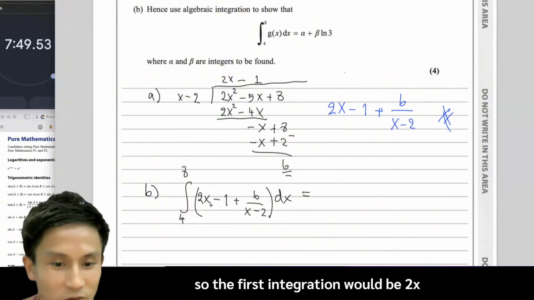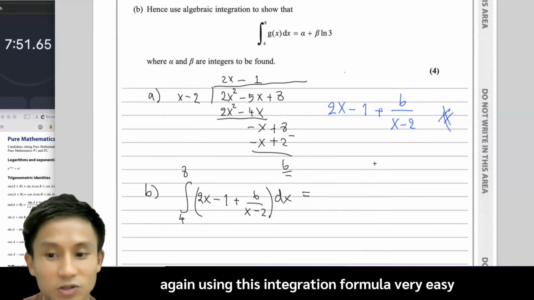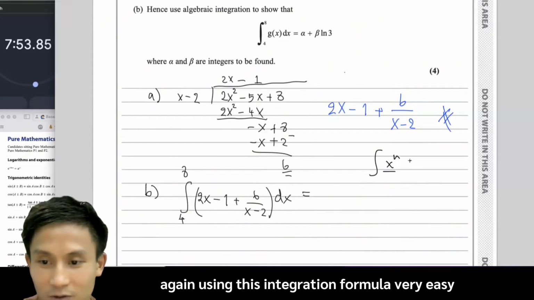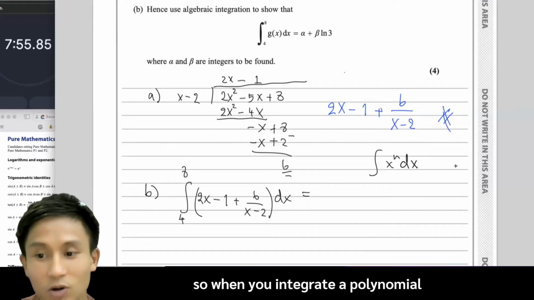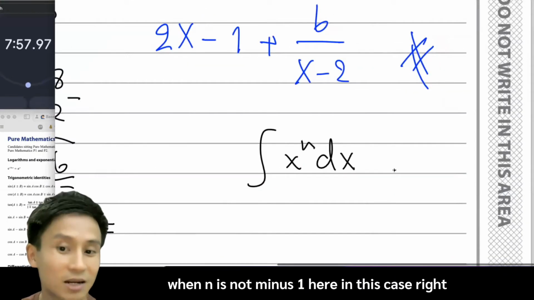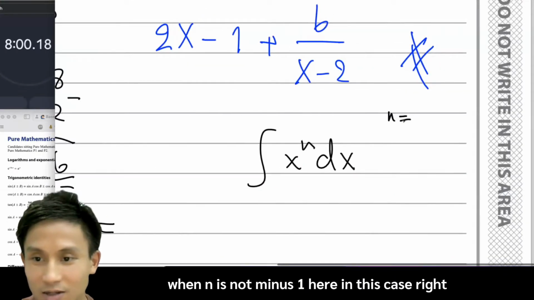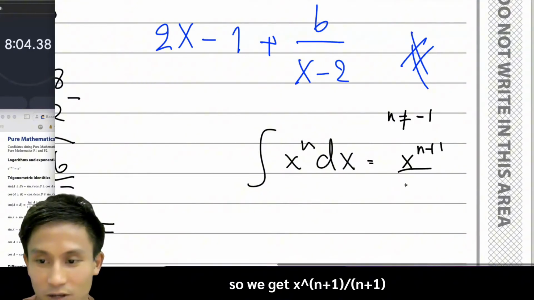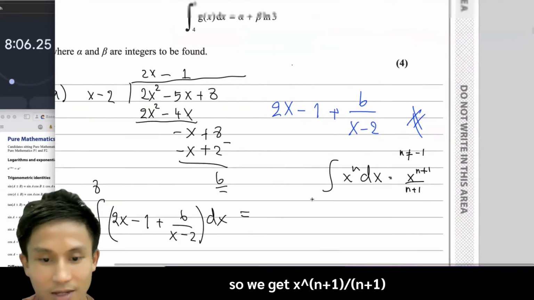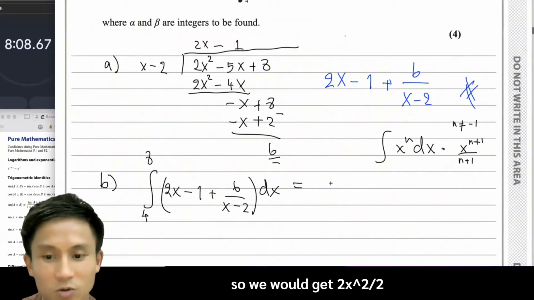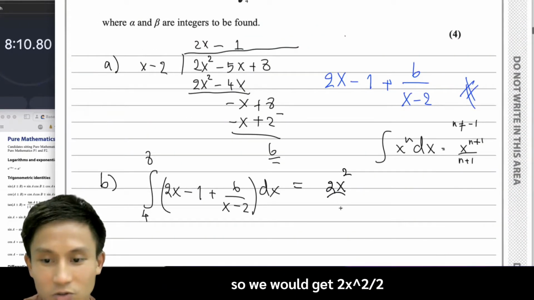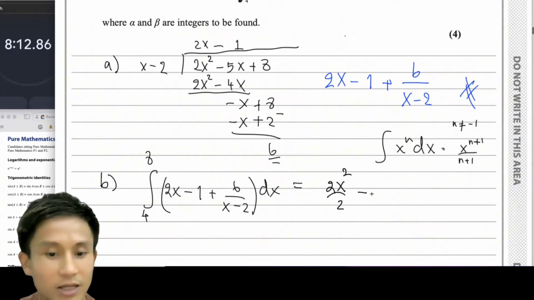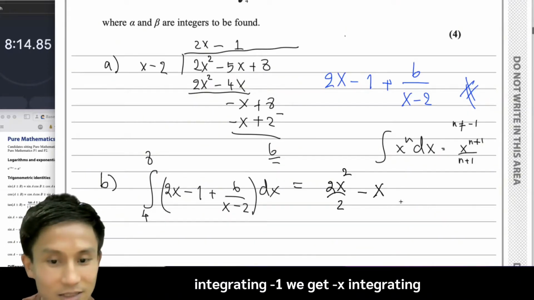So the first integration would be 2x, again, using this integration formula, very easy. When you integrate a polynomial, when n is not minus 1, got to be careful, we get x to the n plus 1 over n plus 1. That's pretty straightforward. So we would get 2x squared over 2 for the first term. Integrating minus 1, we get minus x.